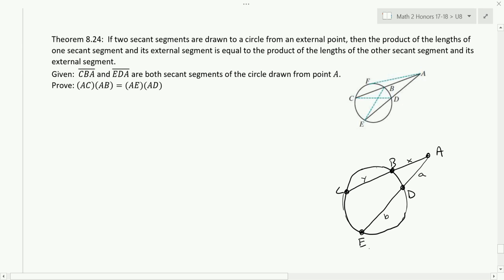What is the theorem saying? What products can I put here in terms of x, y, a, and b? What times what equals what times what?